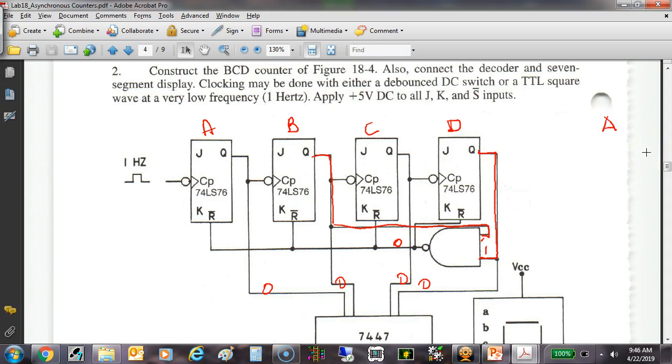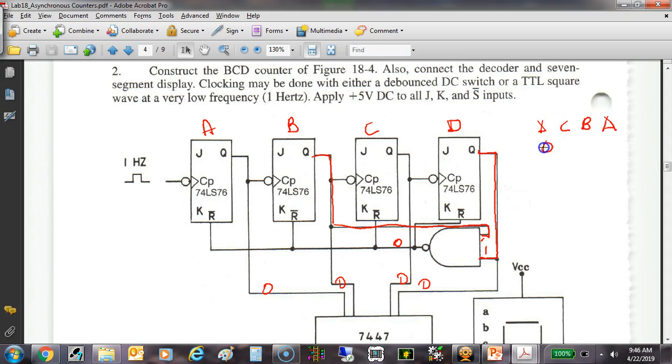The problem we have with drawing counters is your inputs are always on the left and your outputs are always on the right. Now, when I do that with counters, it means my QA, QB, QC, QD are actually drawn backwards, right? You understand that? So over here, this would be A, B, C, D.